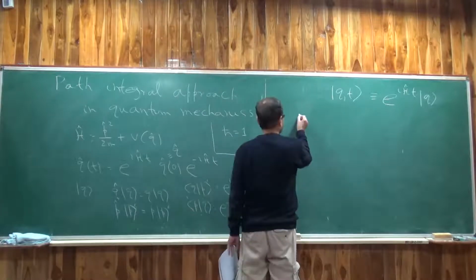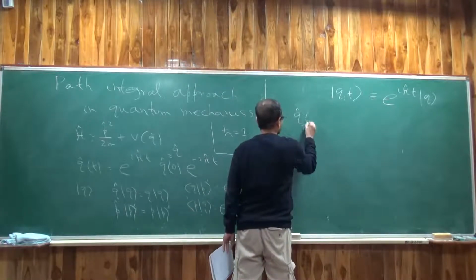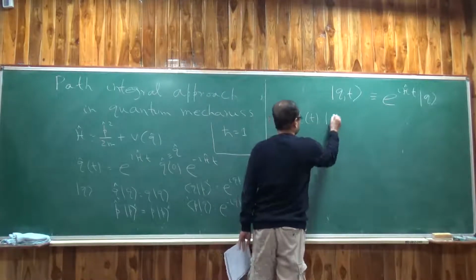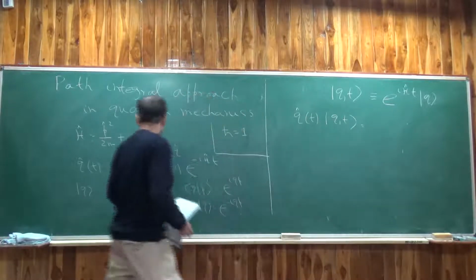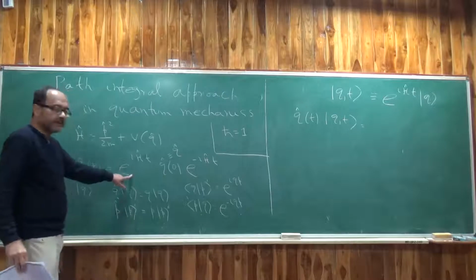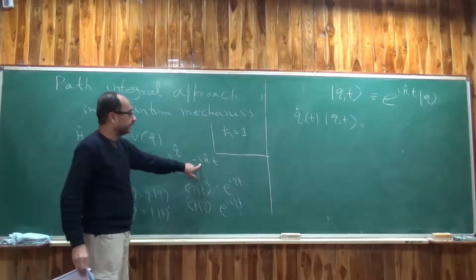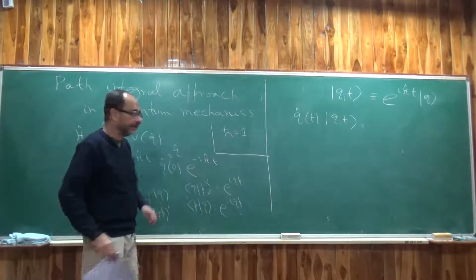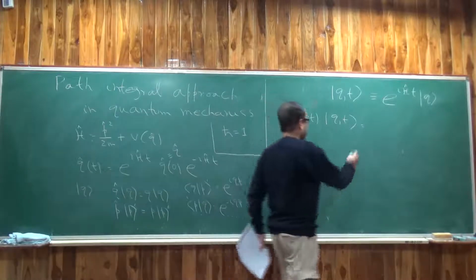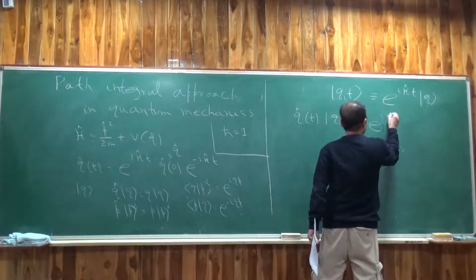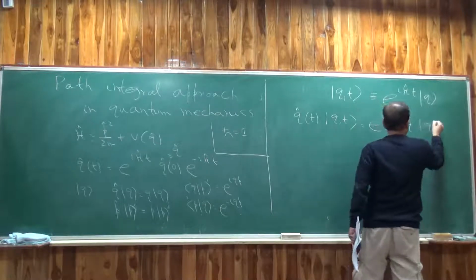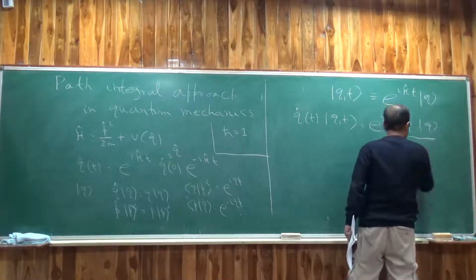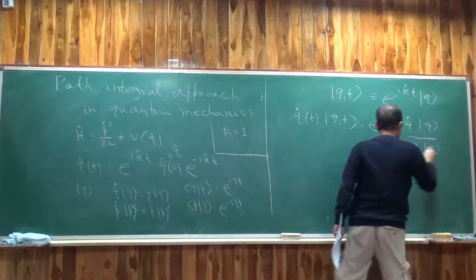The property that it has is that if you apply q-hat(t) on |q,t⟩, using this expression, you see that the e to the minus i H-hat t cancels that e to the i H-hat t, and so this gives you e to the i H-hat t q-hat on |q⟩, but this of course is just q times |q⟩.